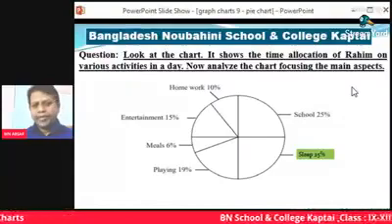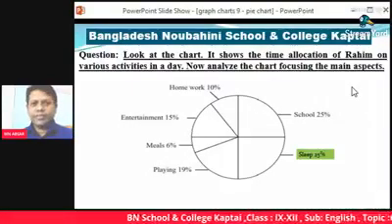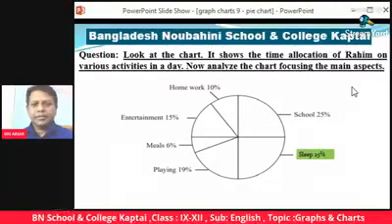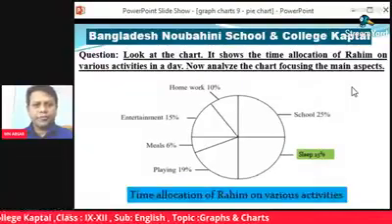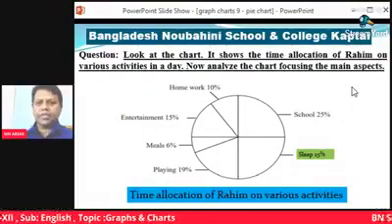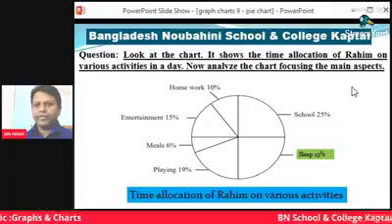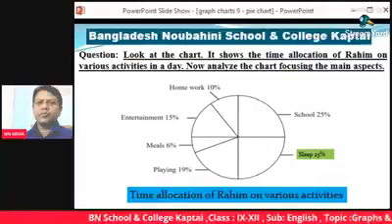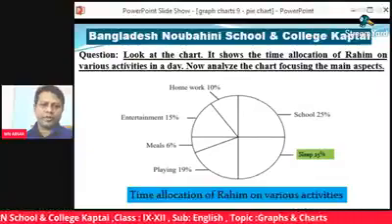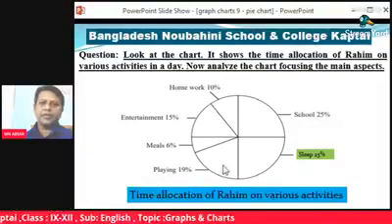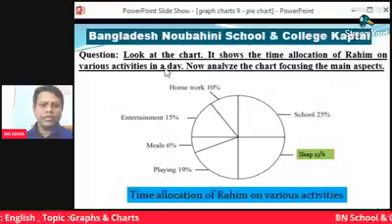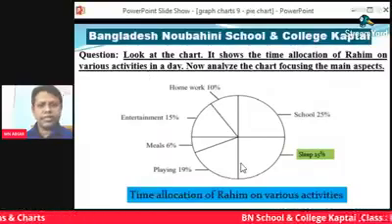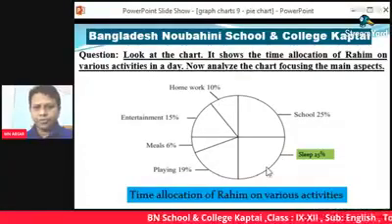Now I'm going to describe the graphs. And there is a footnote, and the footnote is time allocation of Rahim on various activities. These will be given in your question paper. You will be given a question, and you will be given a chart, and you will be given a footnote also.